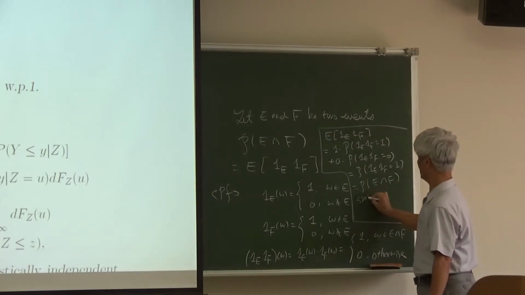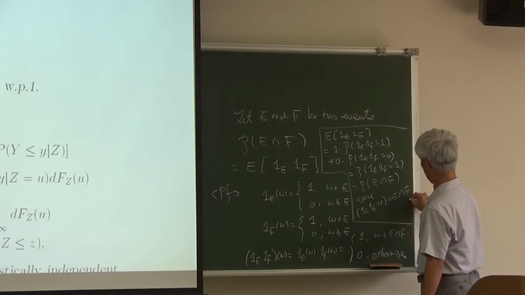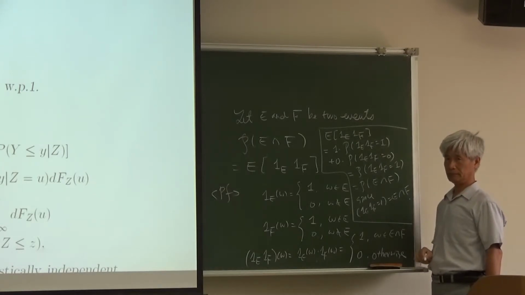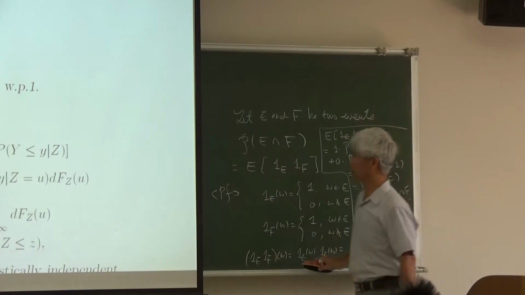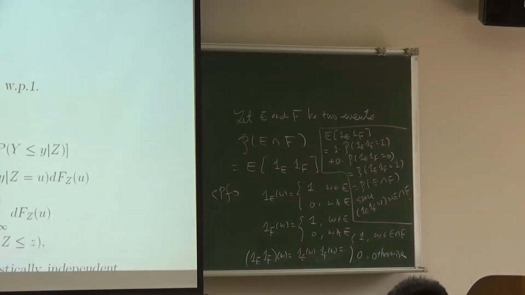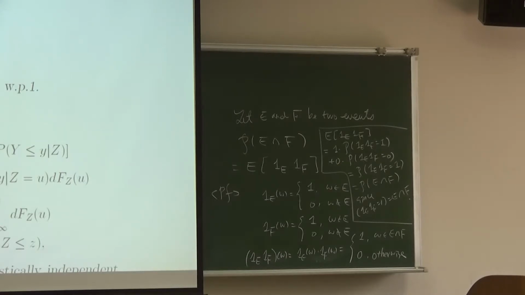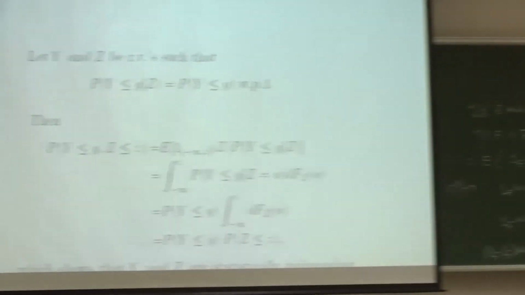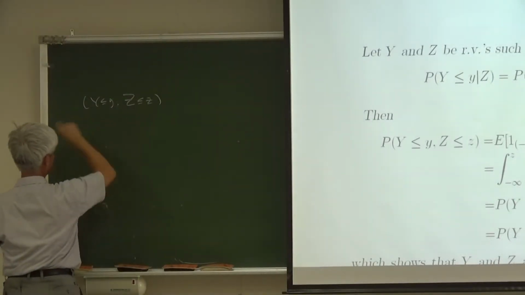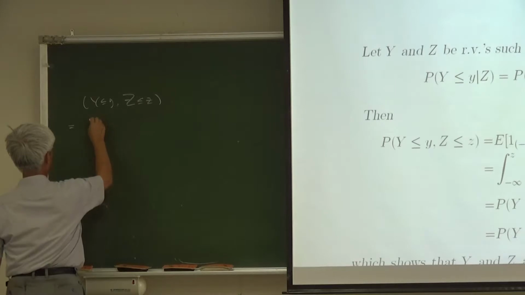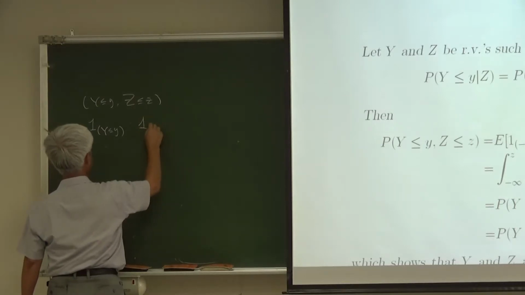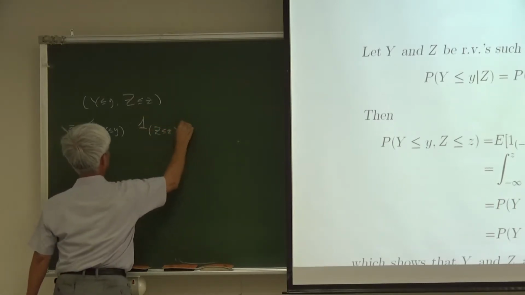Now the event Y less than or equal to 1 and Z is equal to the indicator times the indicator equal to 1.